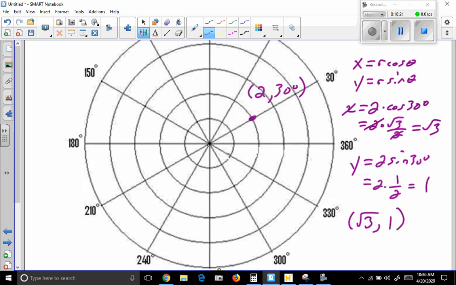So we've gone to the right root 3, and we've gone up 1. So that's probably even easier. That's just entering directly into that formula. And as long as it's a standard angle, we can just use our unit circle to find out those values.